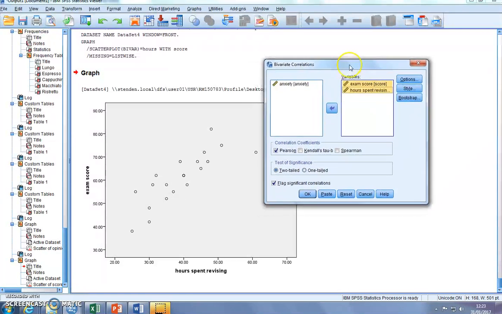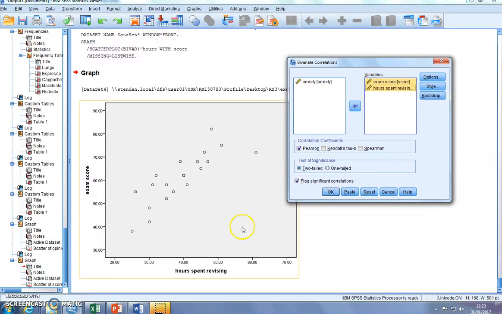Why? Because the Pearson is used for two variables that are ratio measurement level or interval measurement level, like here. And the Spearman is used when one or two of these variables are actually of ordinal measurement level. You will recognize this immediately in a scatter plot when the dots, circles, are very close together.